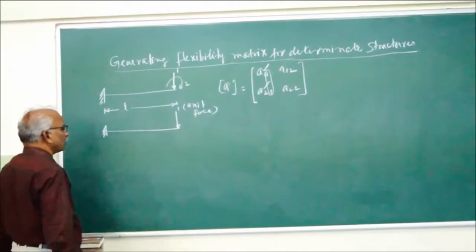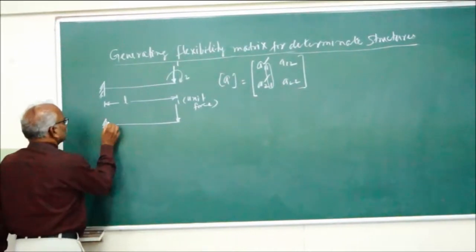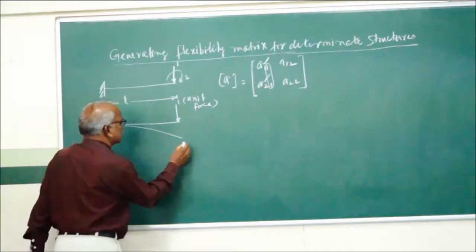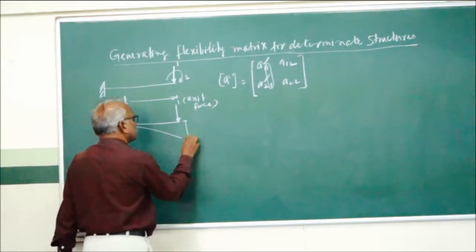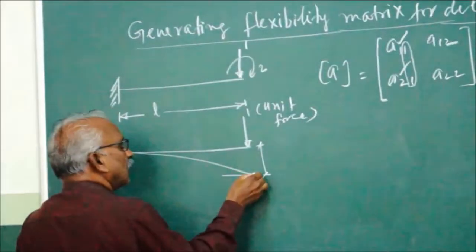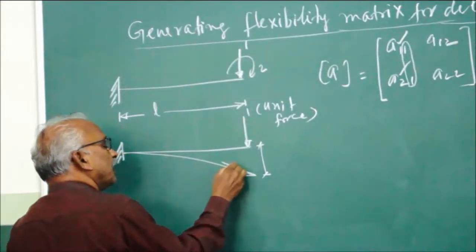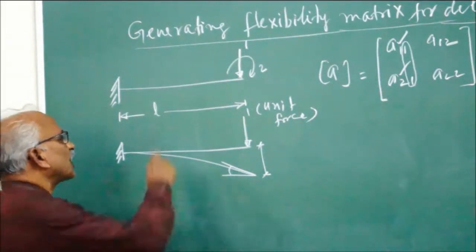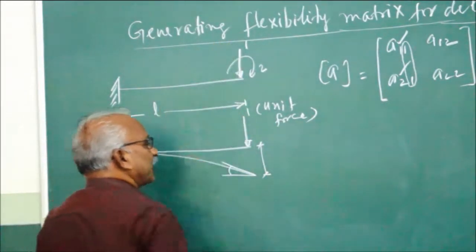Right. Now, this will form different shapes, like this. This is one displacement. The other one, corresponding to the coordinate 2, will be a rotation. So corresponding to 1 it is displacement.